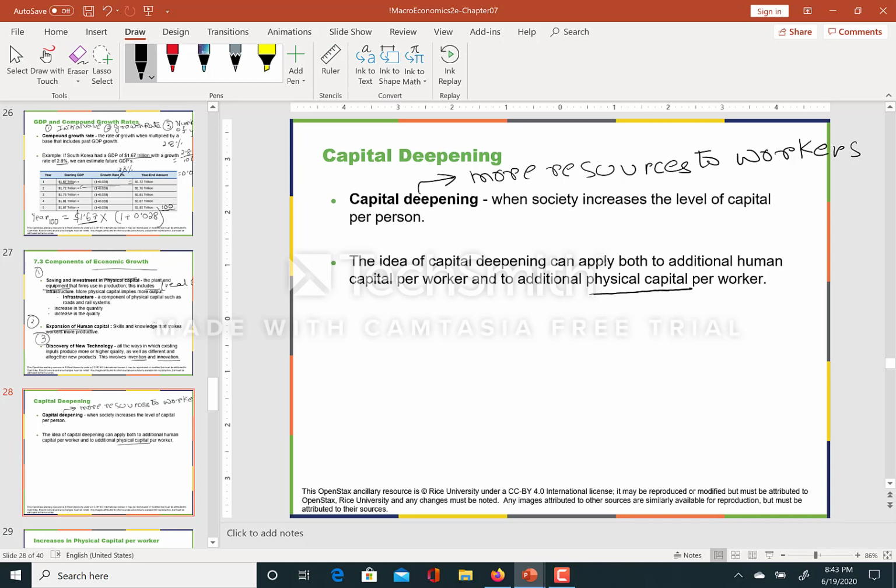One example is physical capital, another example is human capital per worker. More equipment, more machinery, more education, more skills. If we do that, we are going to have increased output and increased real gross domestic product. Okay.